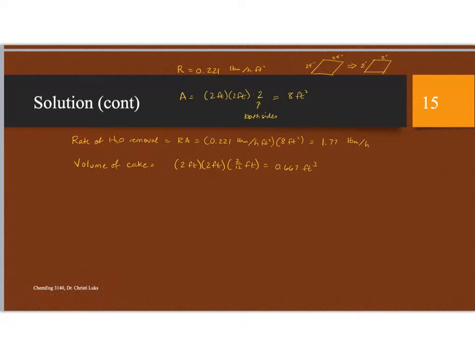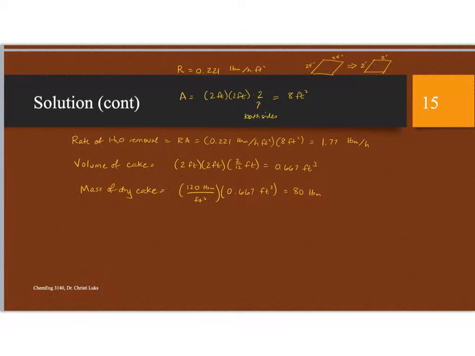This is just the area of a cross section. Now we can use this with the density of the dry cake to find the mass of the dry cake. The mass of our dry cake is 120 pounds mass per cubic foot times the volume, leaving us with 80 pounds mass of dry cake.